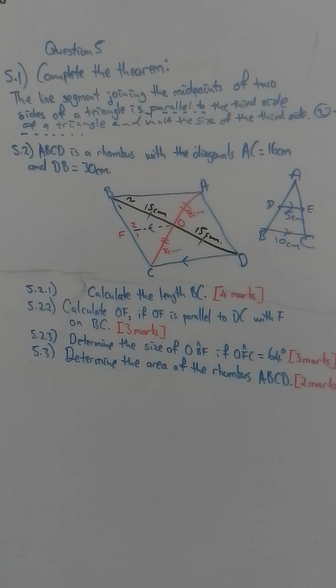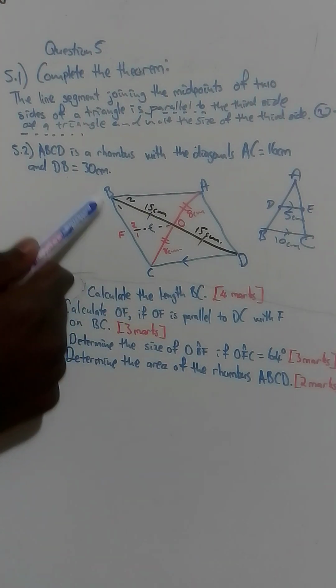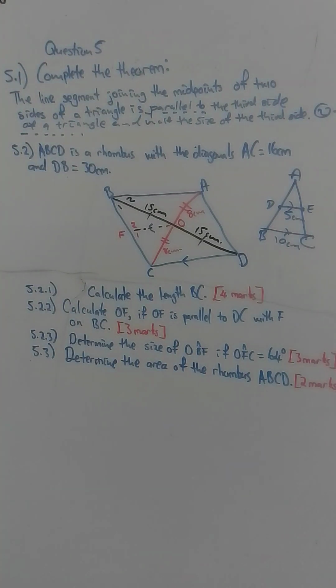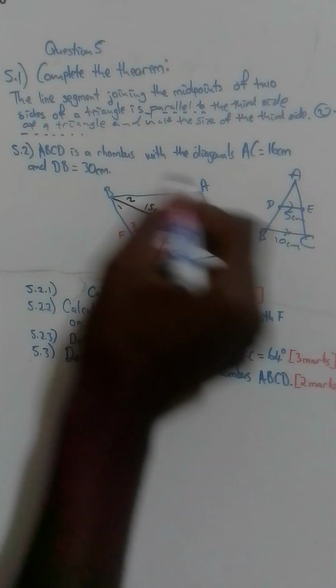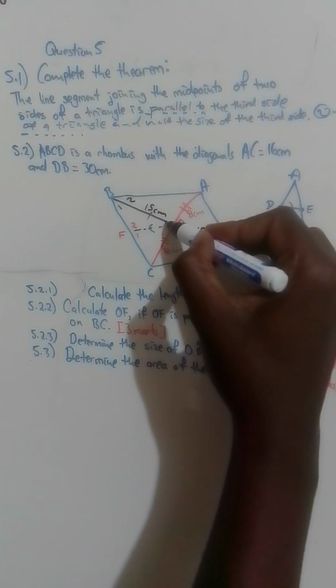Now on 5.2.1, they say calculate the length of BC. We must know the length of BC. What we should know by now is that in a rhombus, at the midpoint we've got 90 degrees.